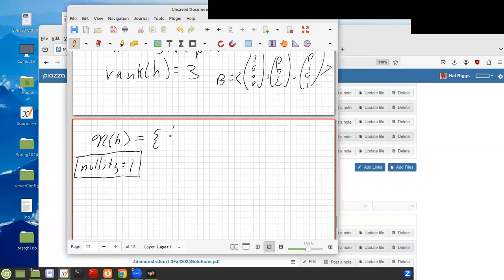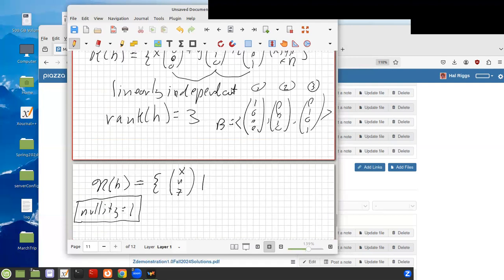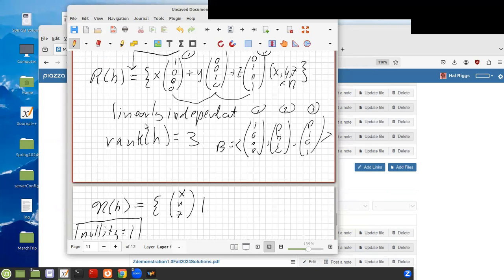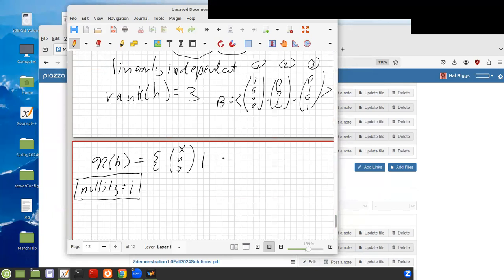So you're going to start off here with x, y, z. The range space starts with this side, and it's all of these. The null space starts with the left-hand side, but it's not all of them. It's only the ones of these that map to 0. So there's a constraint over here. What's the constraint?